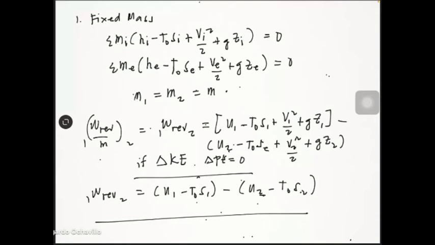This is minus He minus TOSE plus VE squared over 2 plus GZE.